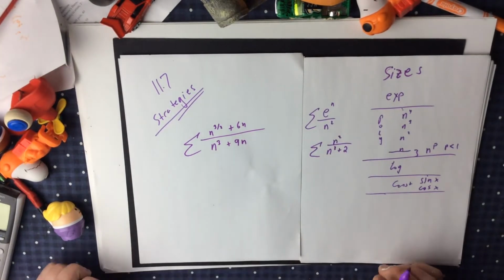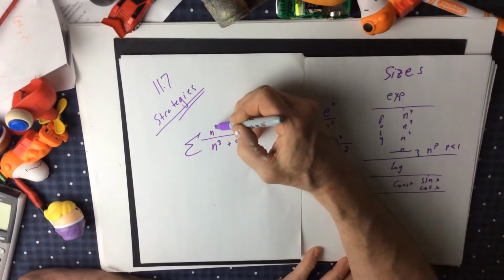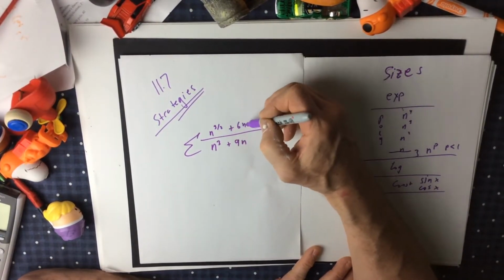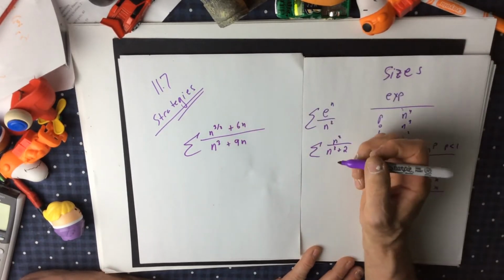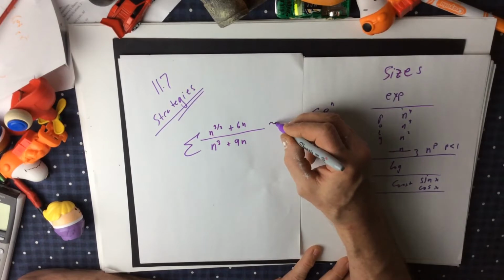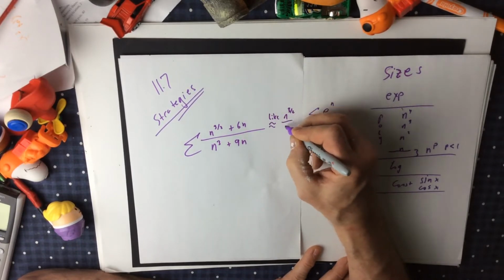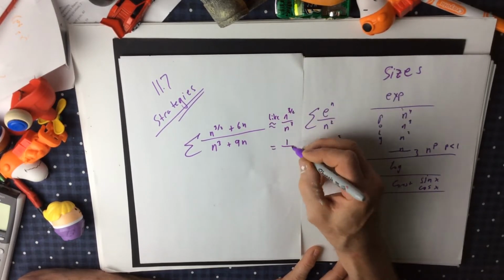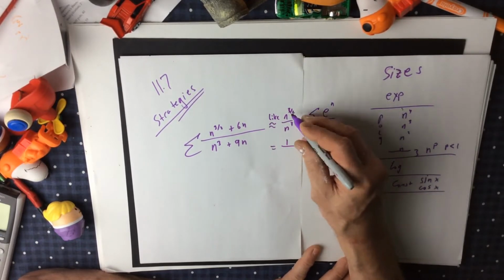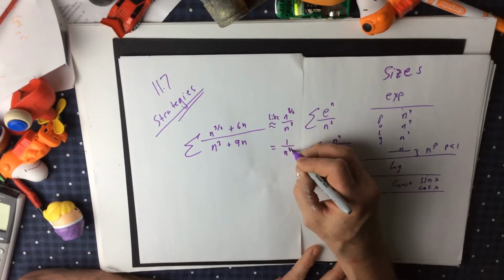So consider this series. Well, 3 halves is 1 1/2. That's bigger than 1, so this is the biggest term on the top. The biggest term on the bottom is n cubed. And so this is like an n to the 3 halves over an n cubed. Well, using power rules, 3 halves minus 3 is negative 3 halves.